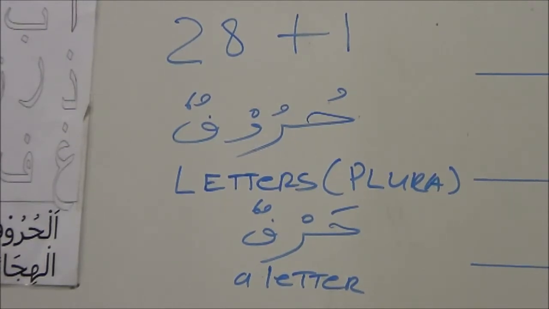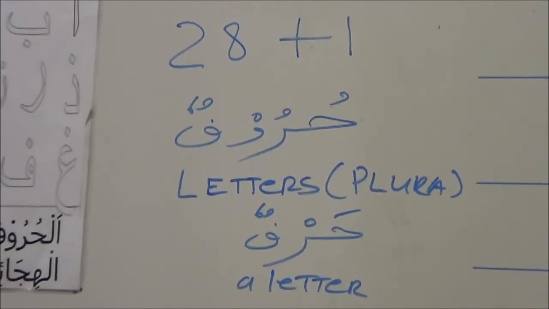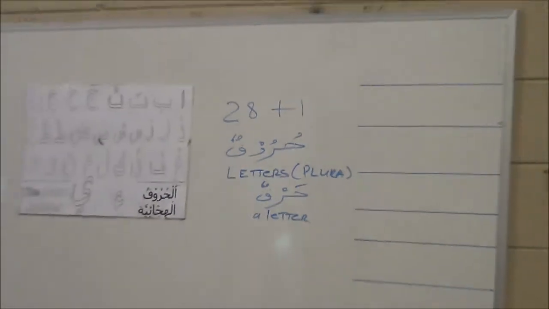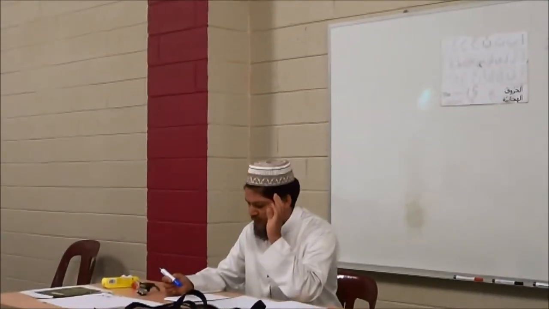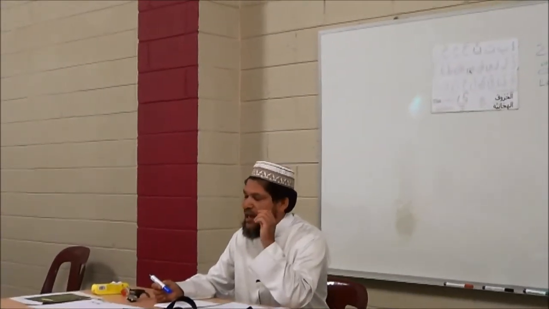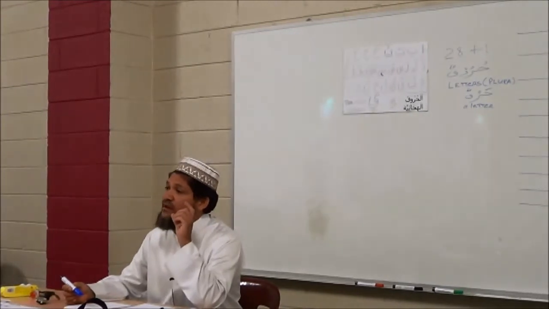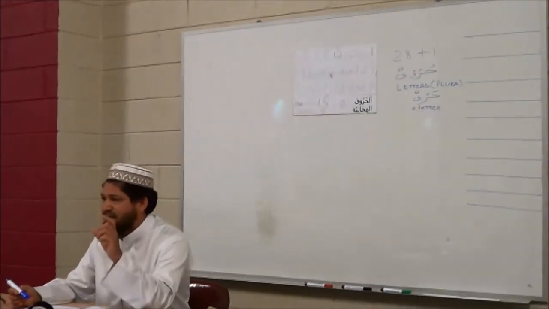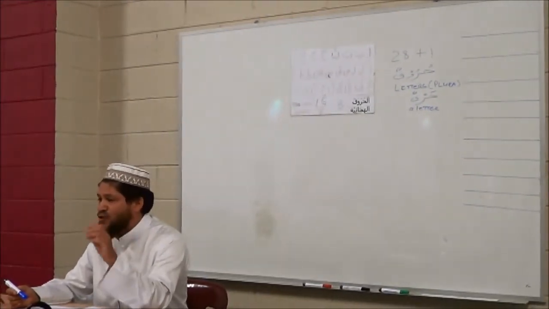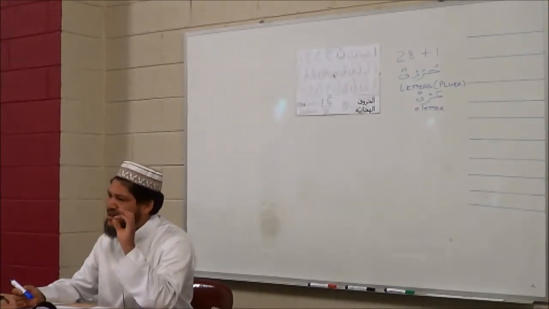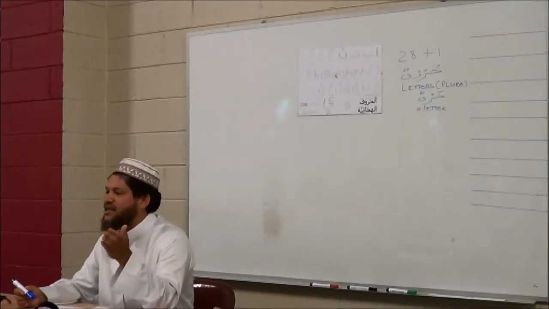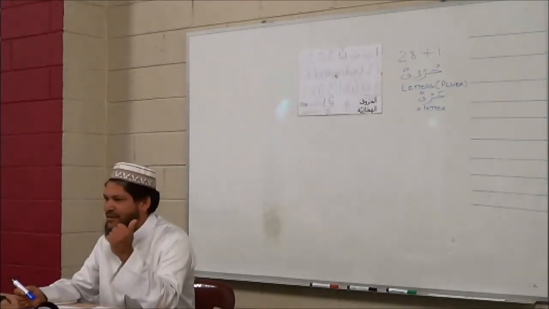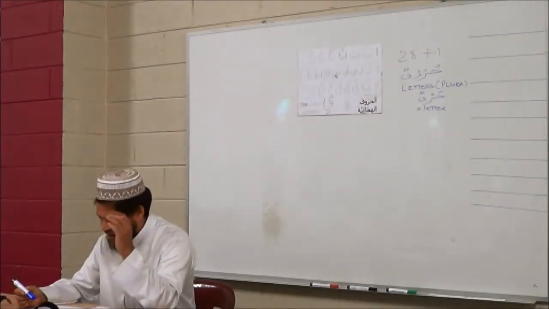So the reason being that this one harf, the alif, cannot carry its own sound or vowels, and its primary function is that it is used to extend the sound of the letter preceding it. So I repeat that, inshallah.